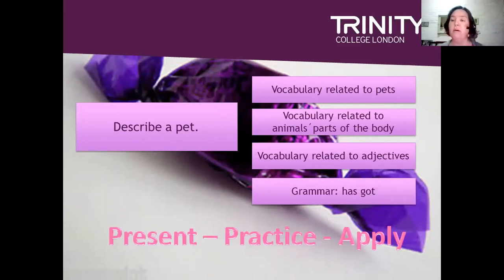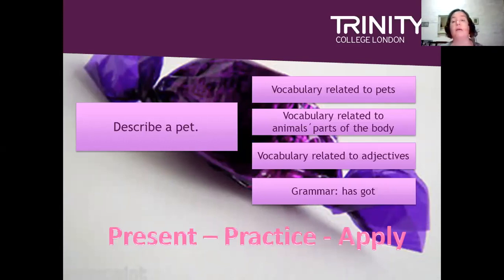So for that final task in which students will have to talk about why their pet is more than a pet to them, I have come up with different global communicative objectives, and we call them global communicative objectives because they are like candy. What does that mean? When we unwrap them, when we open them up, we find other objectives. So for example, if by the end of the lesson I want my students to be able to describe a pet, what do they need to learn to be able to do that?